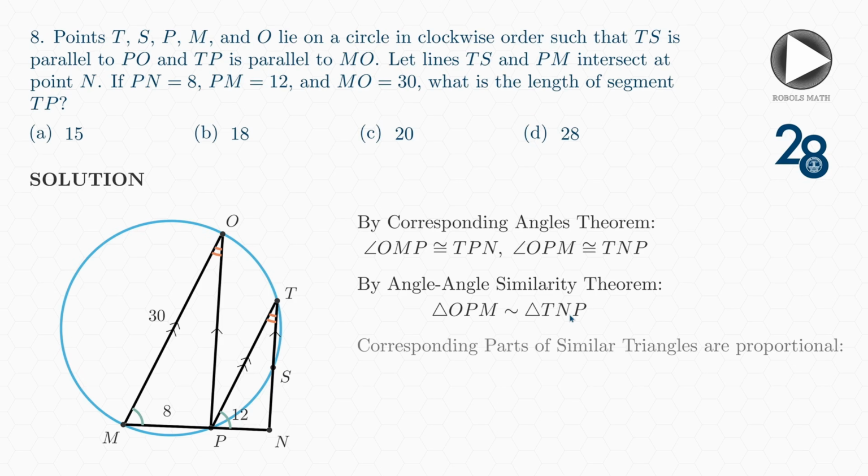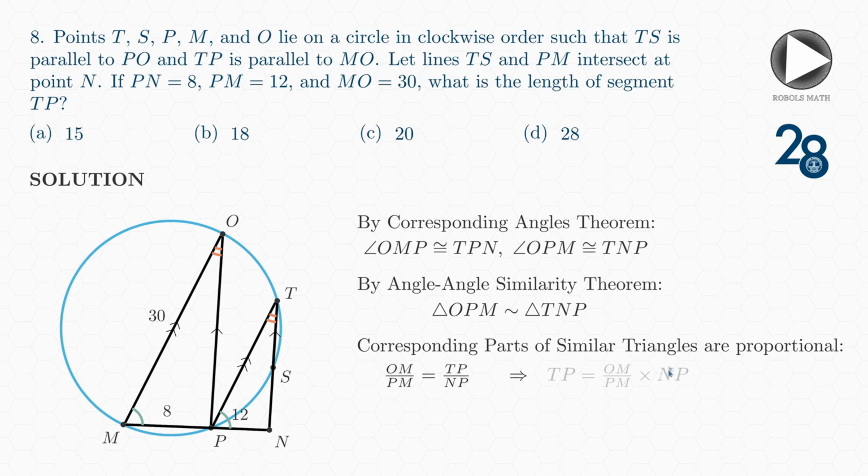So by the theorem about similar triangles, we know that the corresponding parts should be proportional. In this case, we have OM over PM should be equal to TP over NP. Now we strategically selected this side because OM, PM, and NP are known, they are given, and TP is what we're looking for.